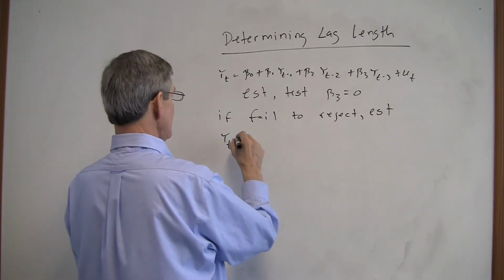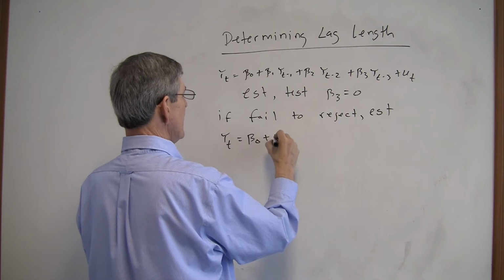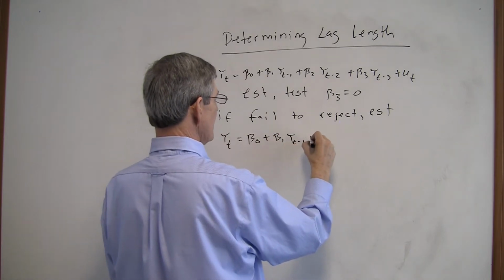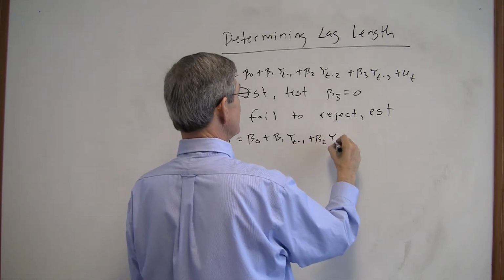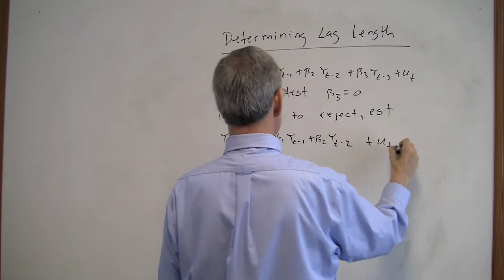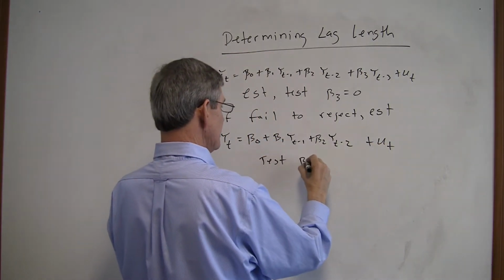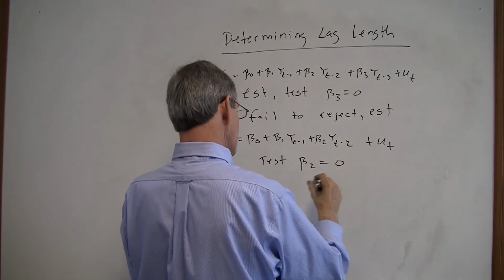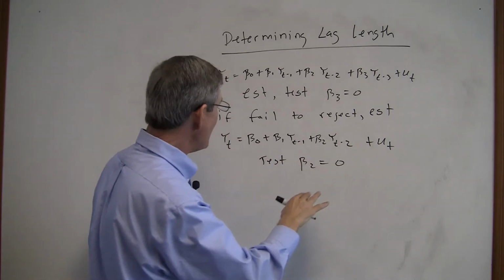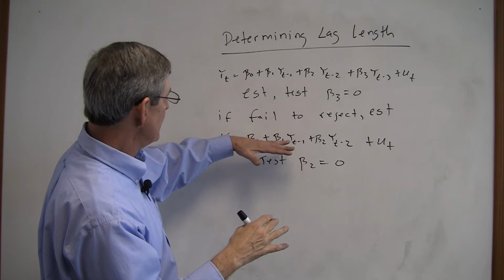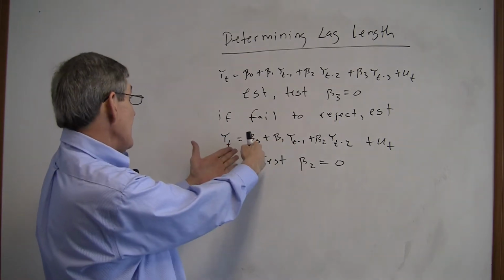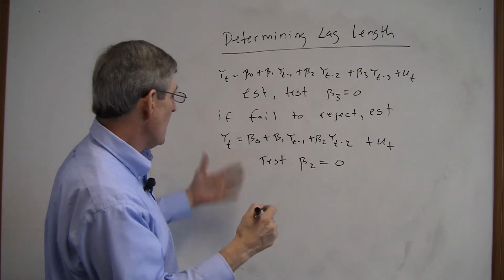Estimate yt equals beta 0 plus beta 1 yt minus 1 plus beta 2 yt minus 2 plus ut. Test that beta 2 equals 0. If it's not, you'd estimate an AR1. You may end up with no lags, and so on.